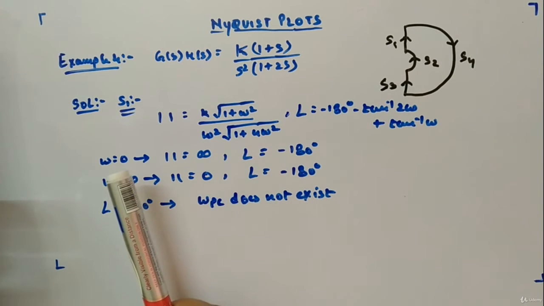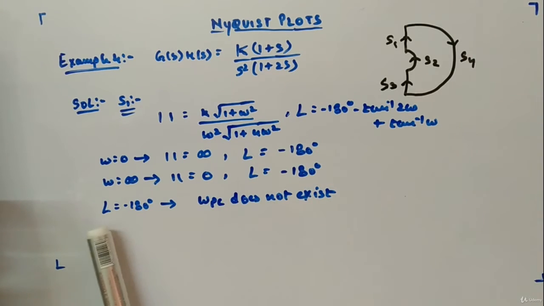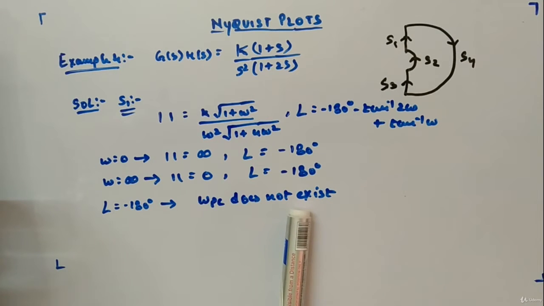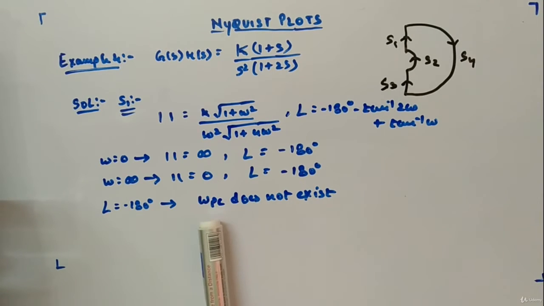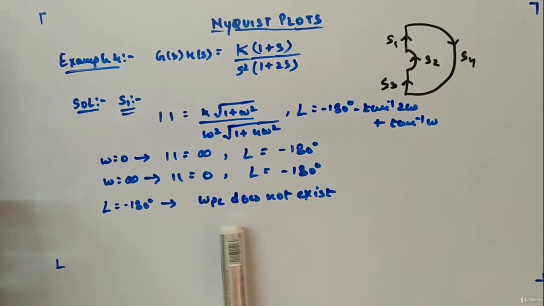So the polar plot will start from minus 180 degrees and will end at minus 180 degrees only. Whether it will cut the negative real axis or not, it will not cut. Omega PC will not exist. If you plug in the angle minus 180 degrees, you would calculate the value of omega, but omega PC will not exist.